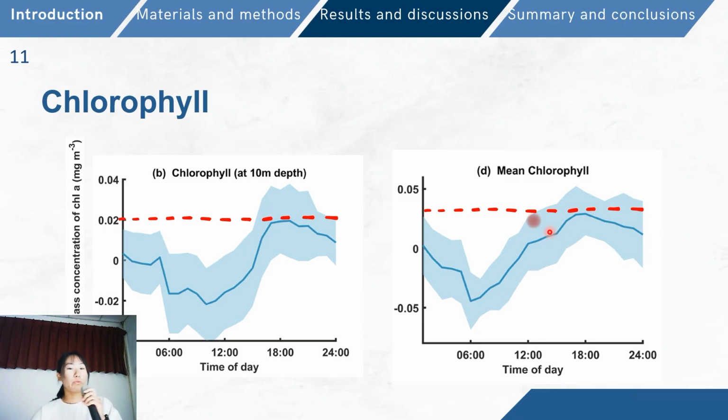And the chlorophyll, we look at the mean chlorophyll. It is lowest at 6 a.m. and increases to a highest at 6 p.m. And the surface at 10 meters depth, we can see in the morning it decreases and is lowest at 11 a.m., and increases to a highest at 7 o'clock.